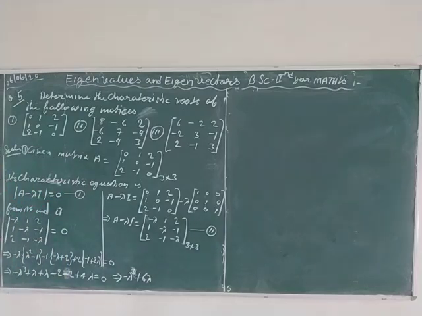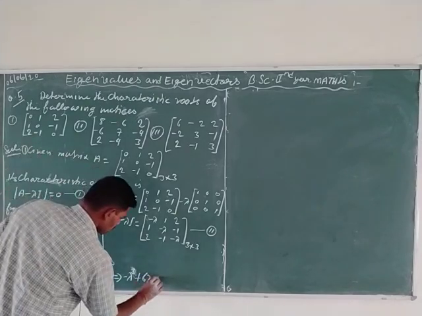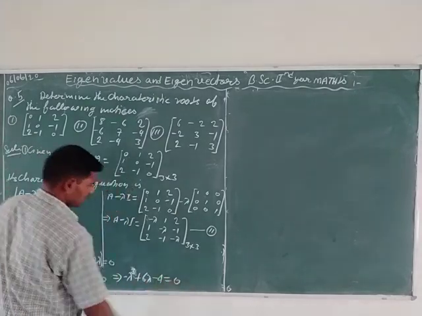After then the numerical value is minus 2 minus 4, and minus 4, is equal to 0.